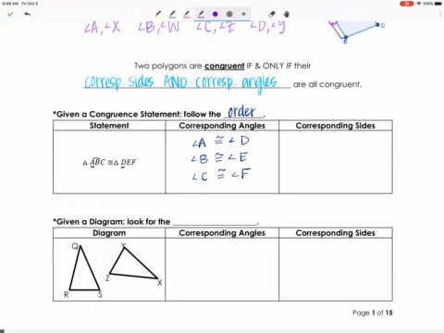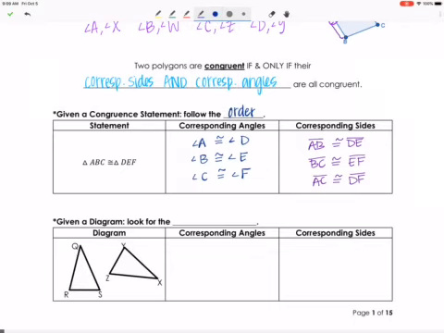A to B would be the same as D to E. B to C would be corresponding and congruent to EF. And then for that third side, you could write it one of two ways. You could say A to C and D to F. Or if you went the other direction and said CA, you would need to follow with FD. The point is just make sure you keep everything in the same order.